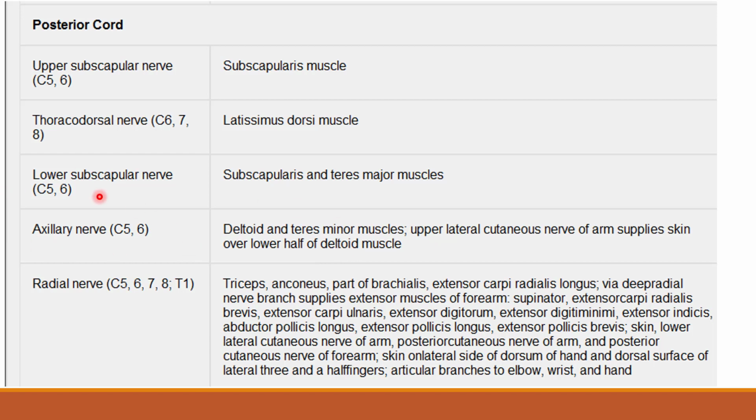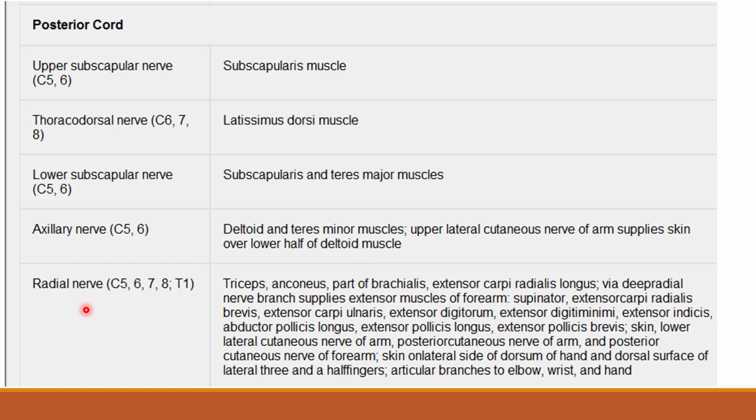It is also very important that the axillary nerve supplies 2 muscles, the deltoid and the teres minor muscle. And what is the area of the skin supplied by the axillary nerve? It is the area of the lower half of the deltoid muscle. There the skin is supplied by the axillary nerve branch, which is the upper lateral cutaneous nerve of the arm. This is very, very important.